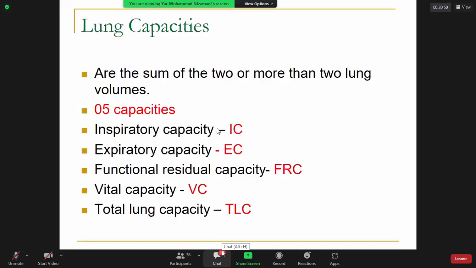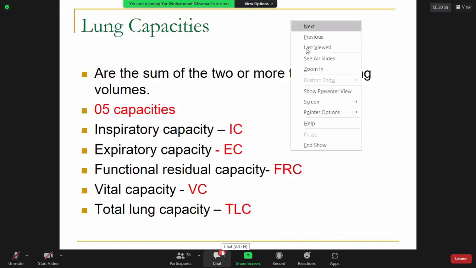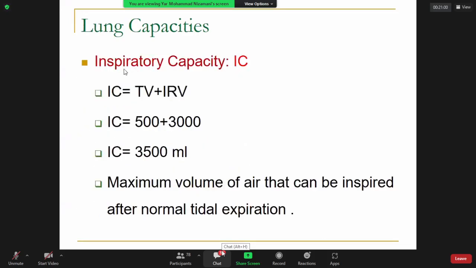This is your first capacity, that is your inspiratory capacity. Inspiratory capacity is a combination of 2 volumes, that is TV and IRV.